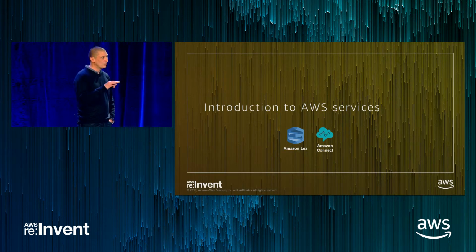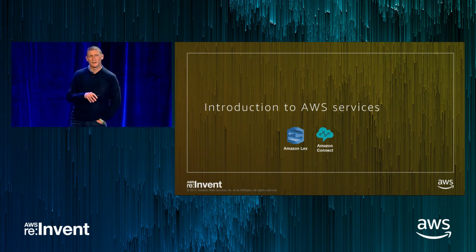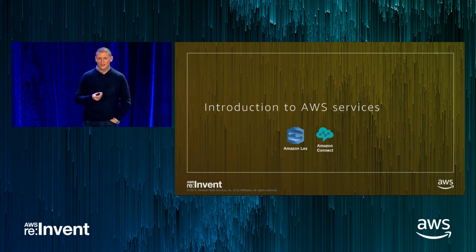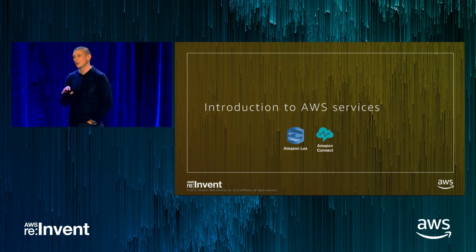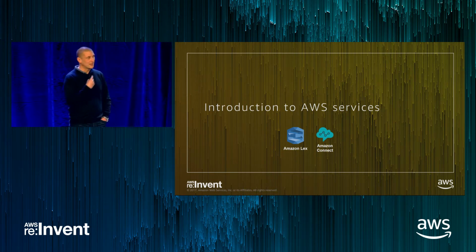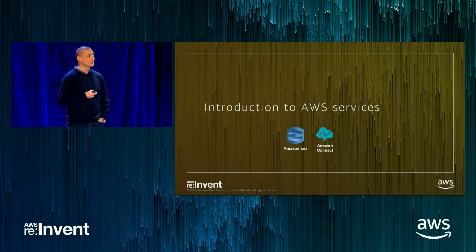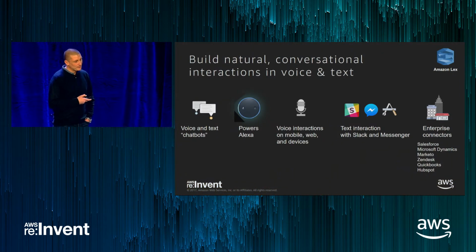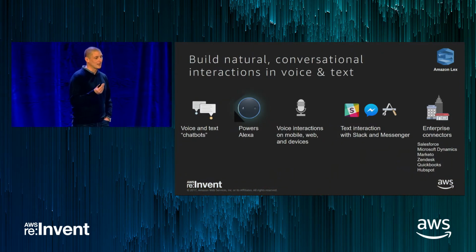So just a quick introduction to two of the core services that we'll be talking about today. Because at AWS, we're really excited about lowering the barriers to machine learning and AI and making these advanced technologies available to developers so they're easy to use to build those streamlined customer experiences. Last year, we launched Amazon Lex.